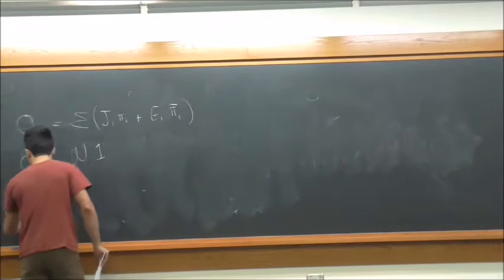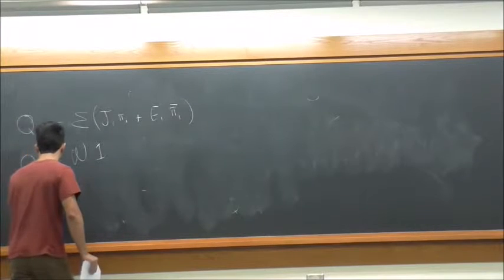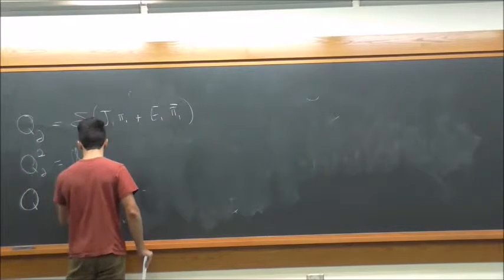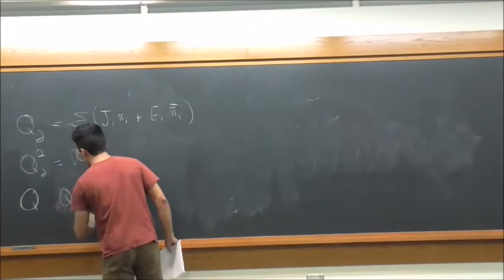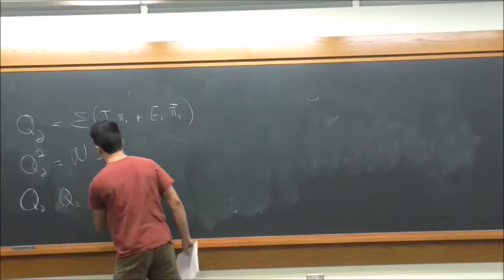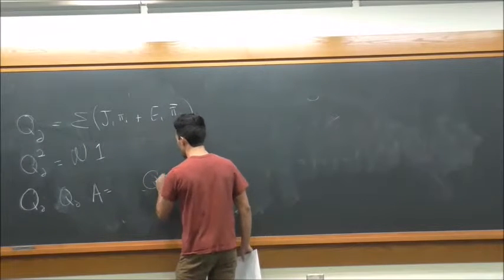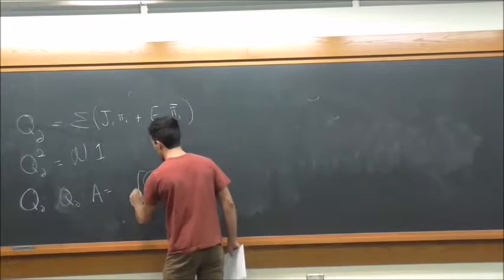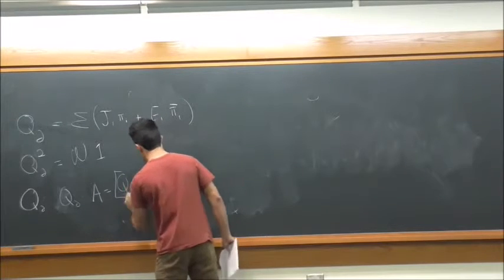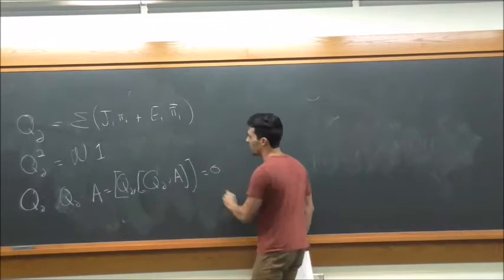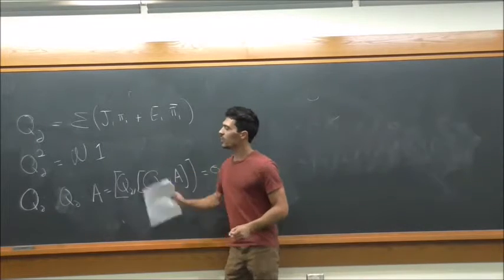If we act with Q on boundary operators using commutators, for example, two of them will be Q commutator A, commutator A. This will be 0 using this here.